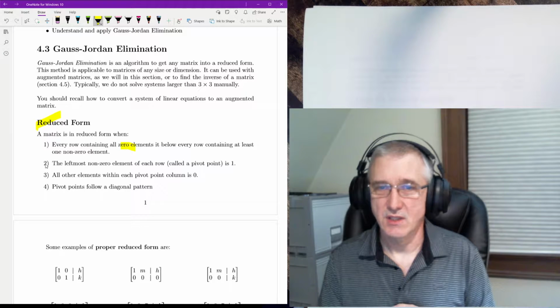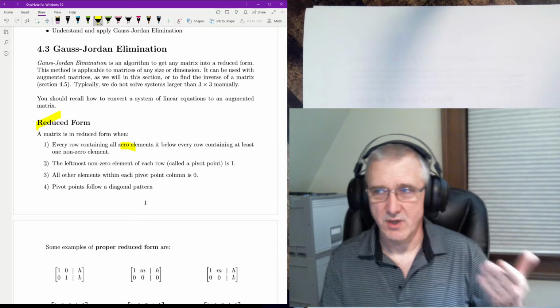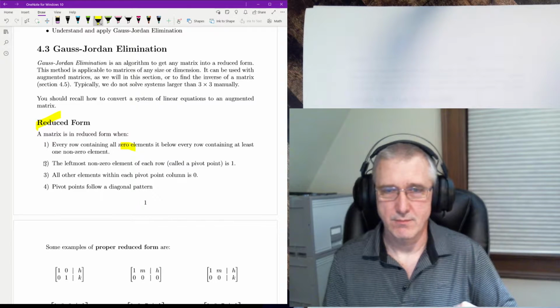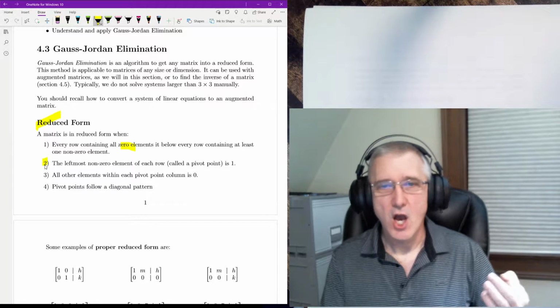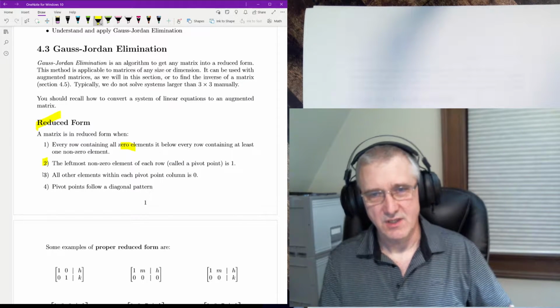Two, the leftmost non-zero element of each row, what we call the pivot point, is a 1. Three, all other elements within each pivot point column are 0.